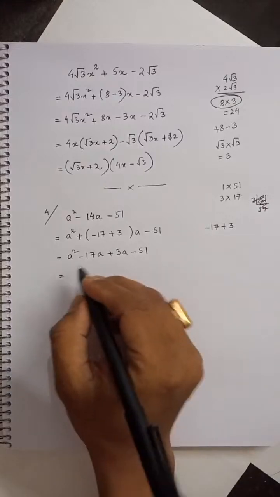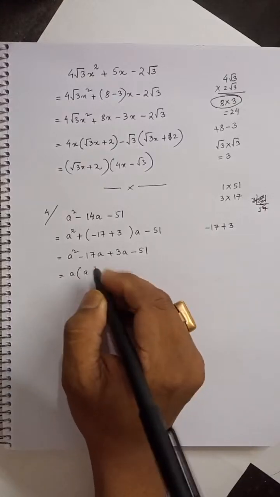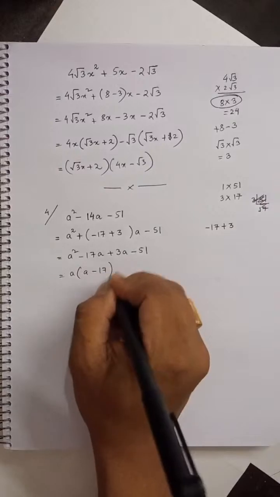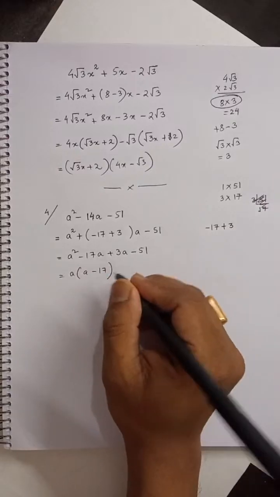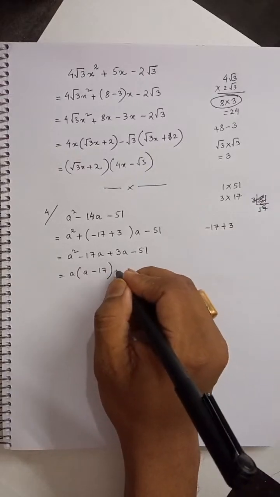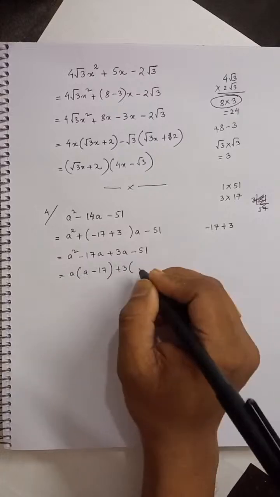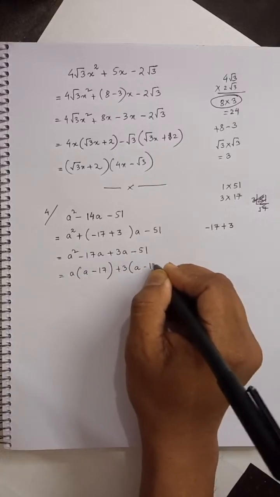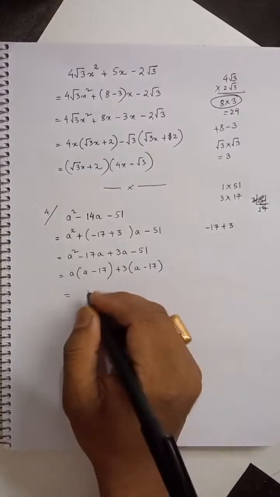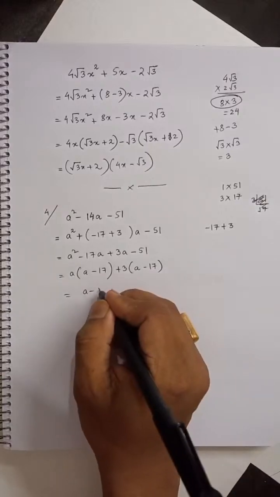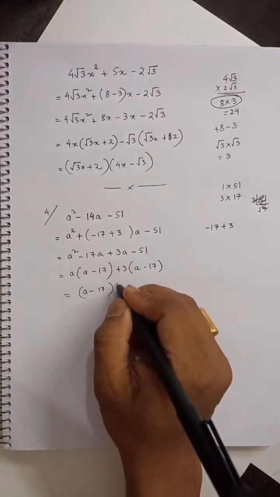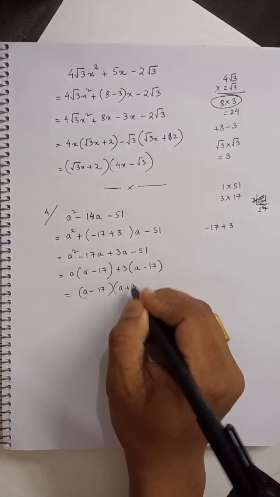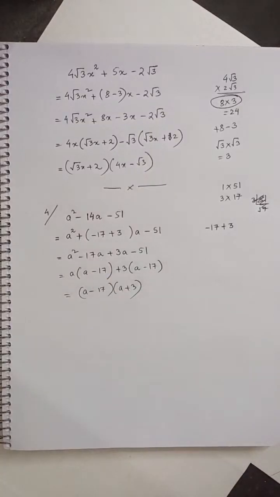We can take out a as common factor, so we will have a minus 17, and then we can take out 3 as the common factor, a minus 17. So a minus 17 as common factor, and a plus 3.